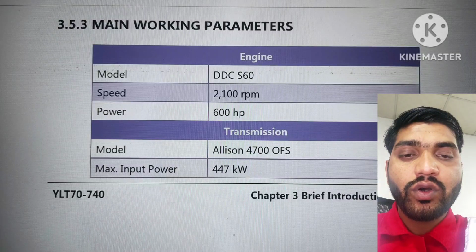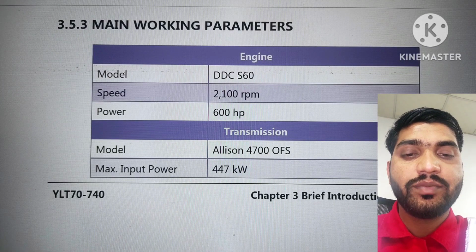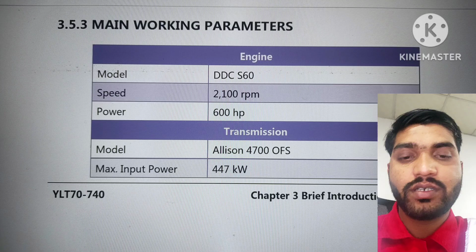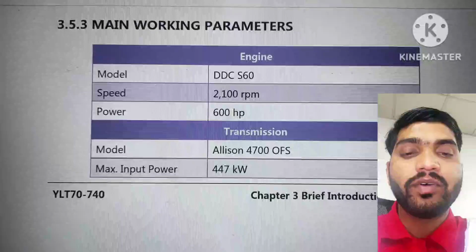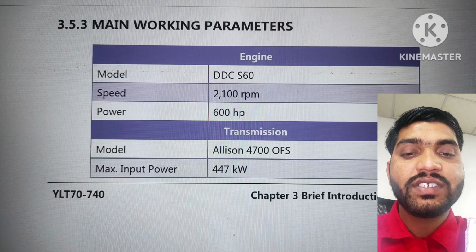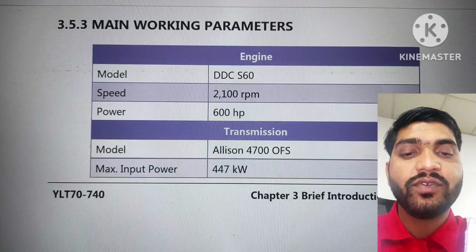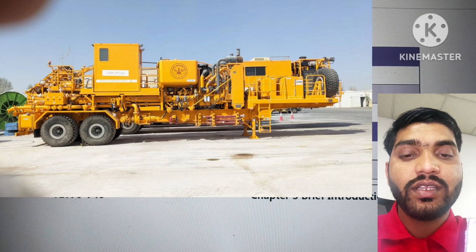Before we go to that video, let's see the parameters of the engine for which we are discussing this pressure gauge problem of the transmission oil. The engine is installed in a fluid pump, which belongs to Jera.